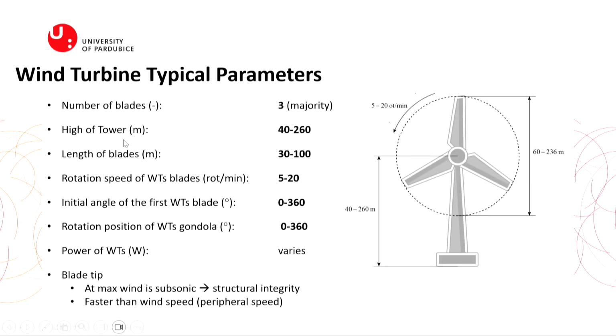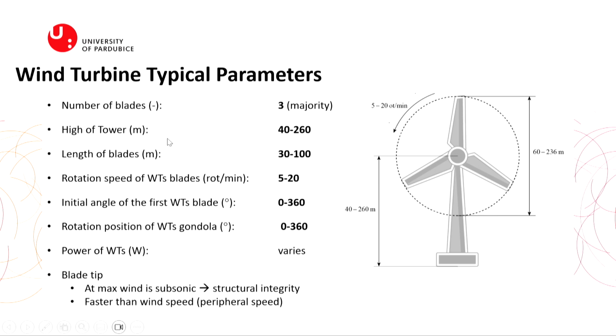So there are typical parameters. Number of blades, 3, of course. It could be 4, 5 or more, but honestly I never saw it. I always see only 3. So our simulator can adapt to it, so you can choose any number of blades, but we always simulate only 3 because it is the majority.